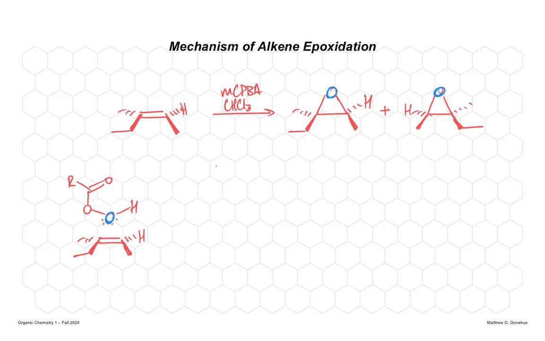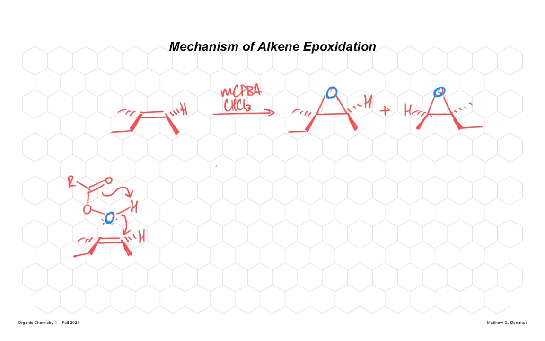I'm going to start off from the pi bond. So the pi bond is going to grab that hydrogen, so we're going to form an OH bond. And then we need to break the OH bond, so we'll have that come down.